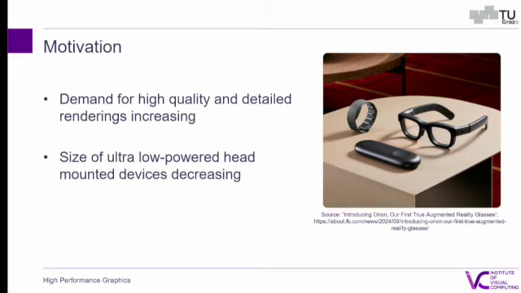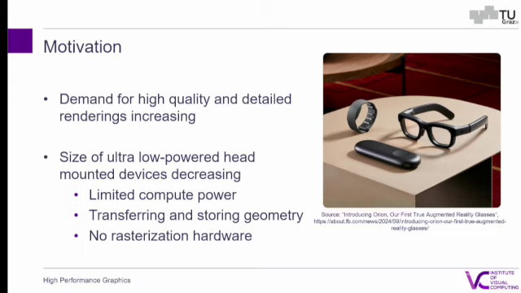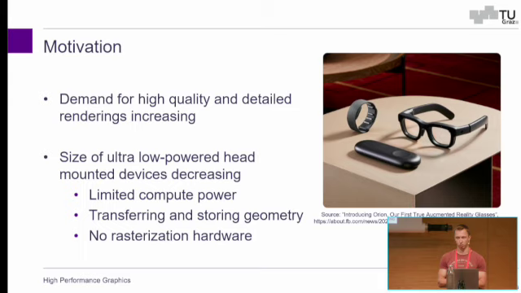On the other hand, we have devices like the Meta Orion glasses, which try to push the boundaries of small, low-powered, head-mounted devices that come with a few limitations, like limited compute power, limited ability to transfer and store geometry for large and detailed scenes, and they might not even have any rasterization hardware. So the question is, how can we combine these two worlds to have high-quality renderings on such low-powered devices?